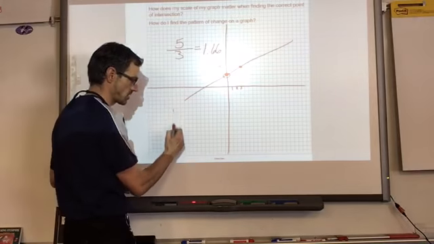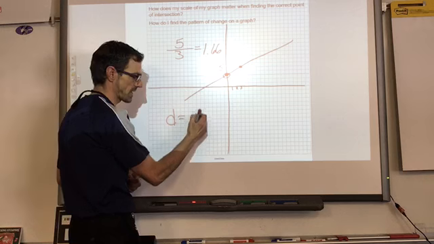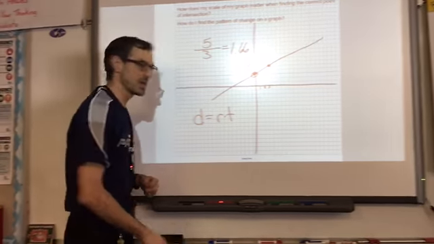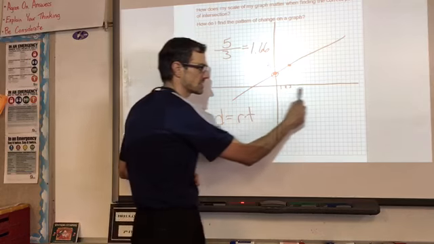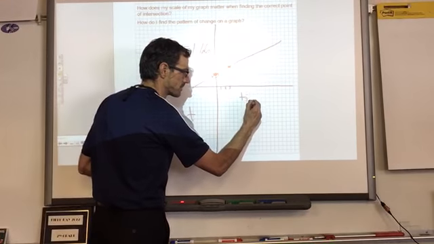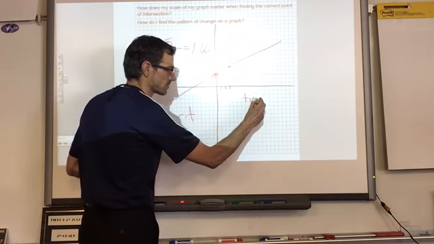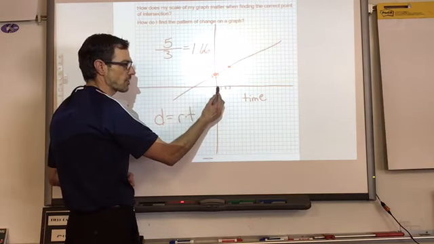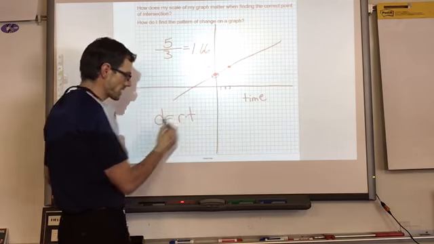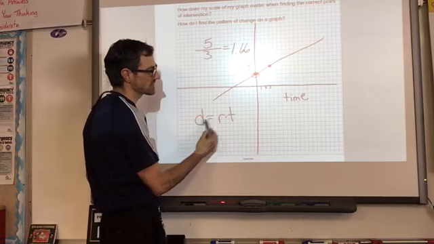If we had an equation where distance equals rate times time, if I put 0 in for time, this is time, this is distance, right? If I put 0 in, what's D on this side?